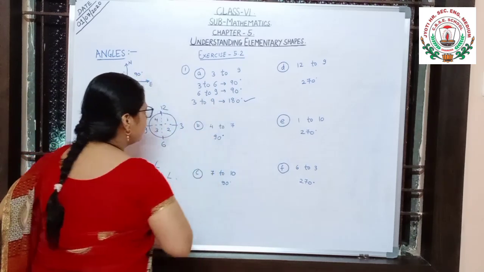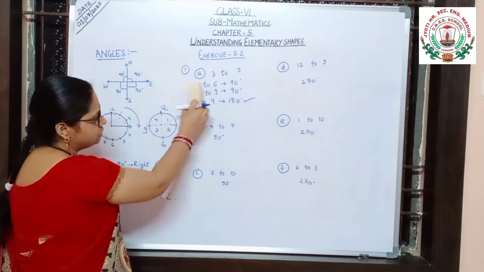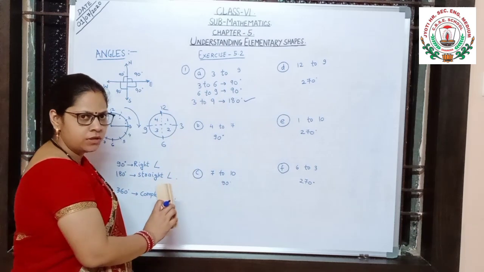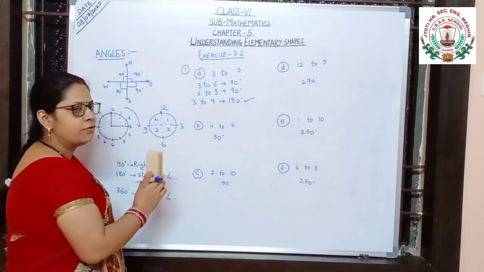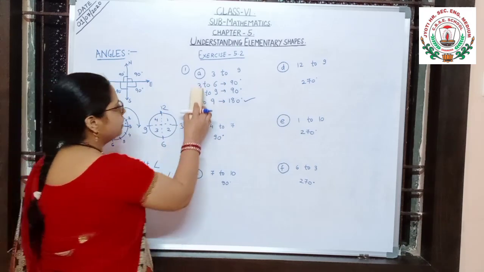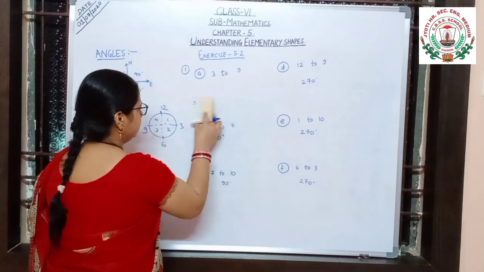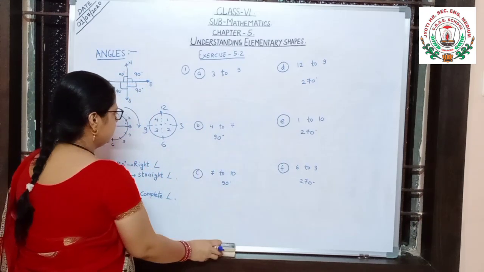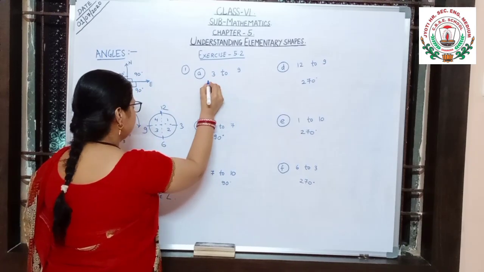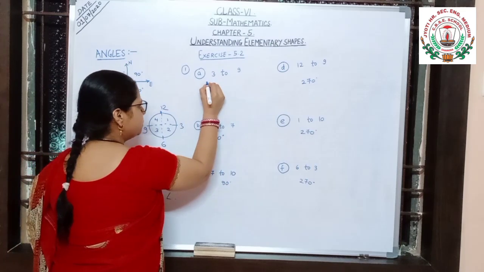For explanation, I have given you the correct explanation. But for writing in your copy, you have to write in this way. Total how many blocks are covered? 3 units and 3 units.